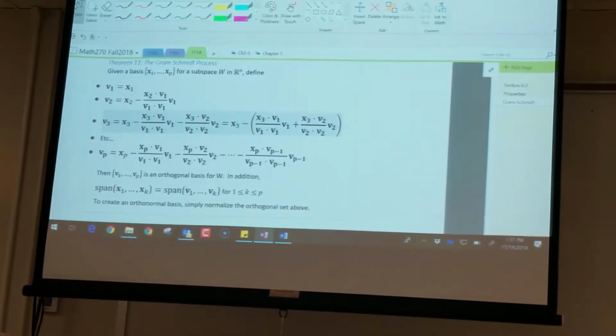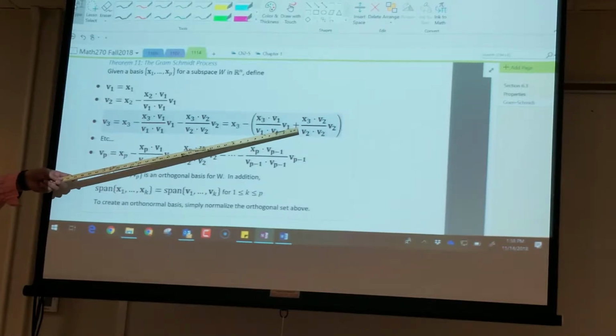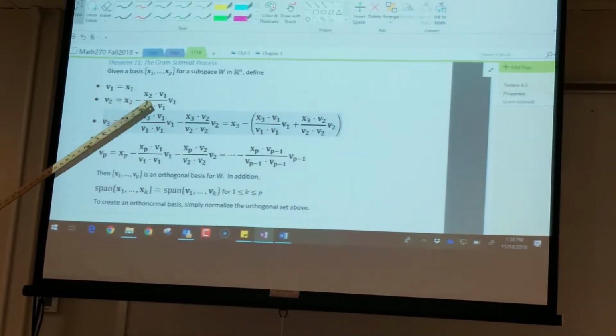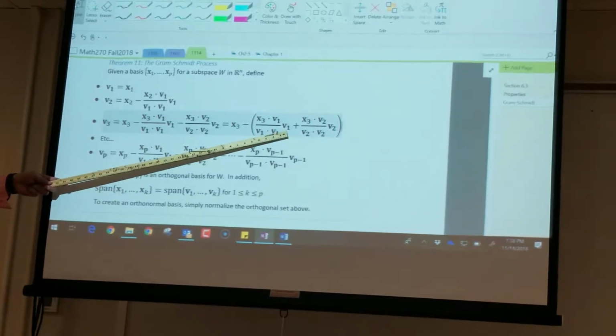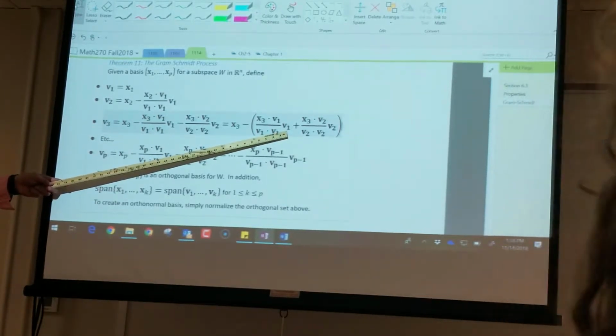We're projecting onto that plane. So we create a plane out of the vectors, and then this is the projection onto that plane.